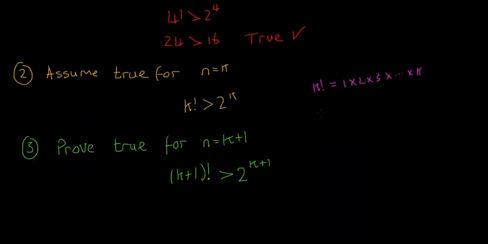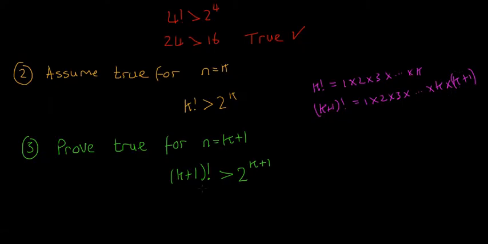So k plus 1 factorial is going to be 1 by 2 by 3 by everything all the way up to k, and then one number higher because k plus 1 is one number higher. So it's going to be all multiplied by k plus 1. It's going to be the last number.